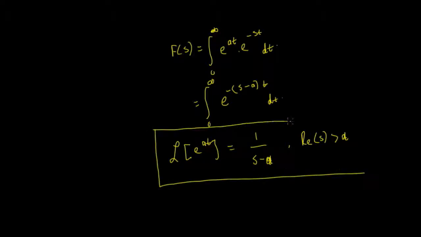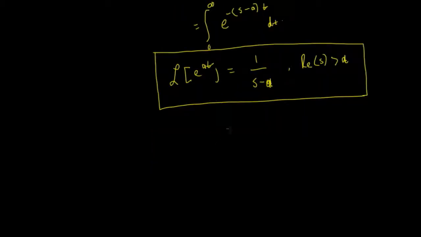Now what we'll do is have a wee look at that graphically, and see how that looks. So we note that if we draw that Laplace surface, with sigma and j omega, and we choose a value for a equals minus 2, then the Laplace transform would be 1 upon s minus 2.